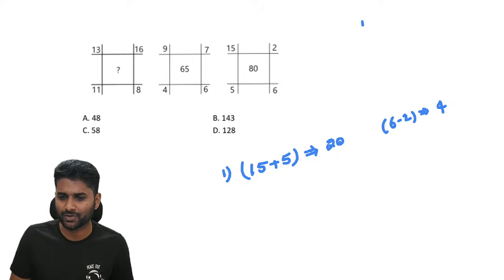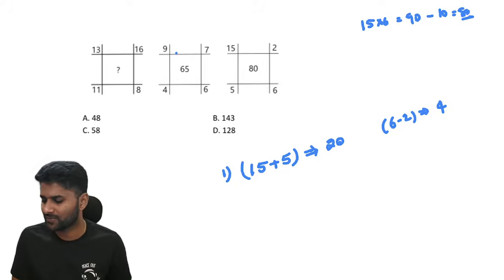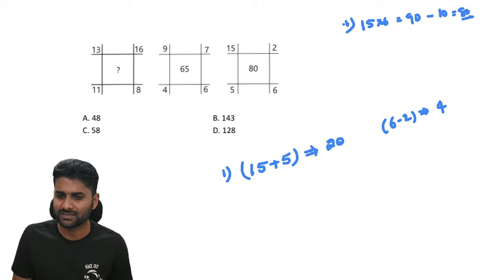See, the first approach: 15 into 6 is 90, minus 5 into 2 is 10, gives 80. But this is not applicable for the second one. So I am changing my method. The second method: the sum of these two numbers, 15 plus 5, is 20, and the difference of these two numbers is 4. If you multiply, the resultant is 80.